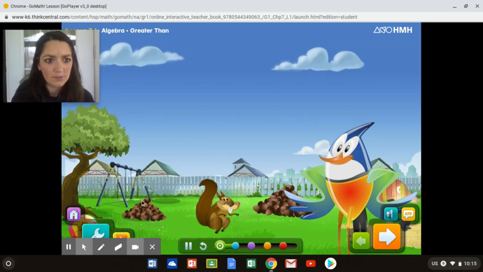Sam piled some acorns near the tree, and then we have some more acorns over here. We want to look at the two groups of acorns to find out which one is greater. So we're going to model different ways to show how to find the greater number.